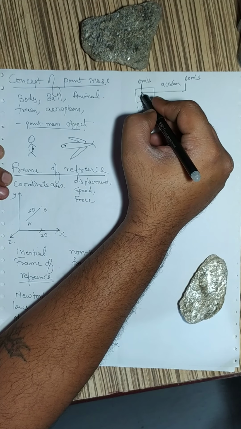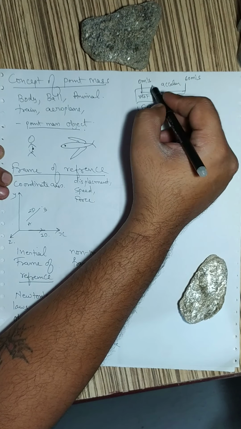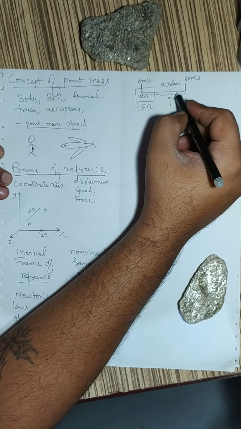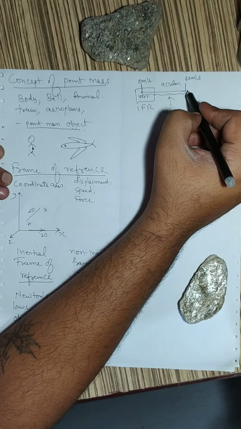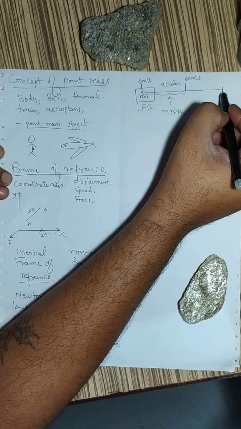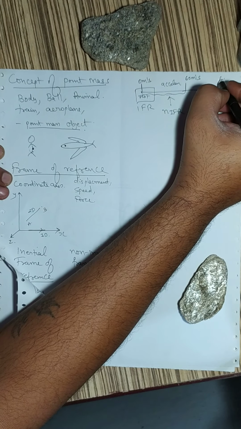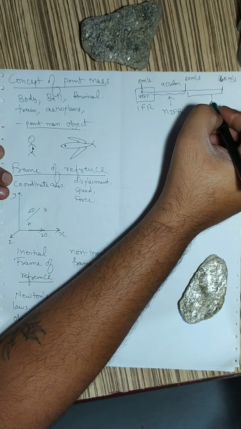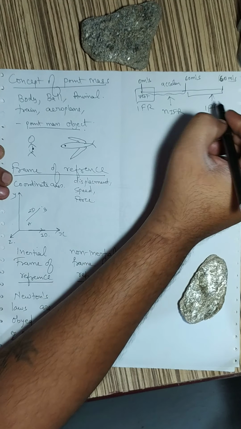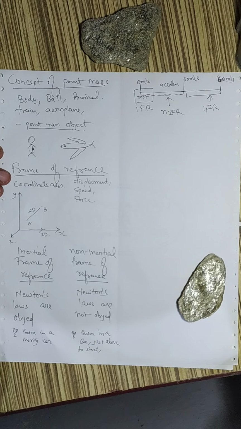This accelerated part in which its speed was increasing is called a non-inertial frame of reference. Now after this, let's say the car continues its motion with the same speed of 60 meters per second, then we again say this part is an inertial frame of reference. So it should be very clear to you now.